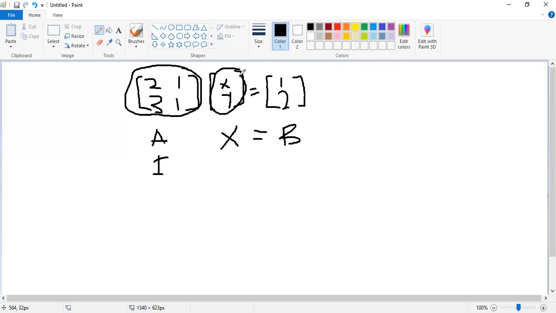But first, before you can change any matrix to an identity form, we have to check whether the matrix is a square matrix. That is, the matrix has the same number of rows and columns. Because if it doesn't, it won't have an identity element.